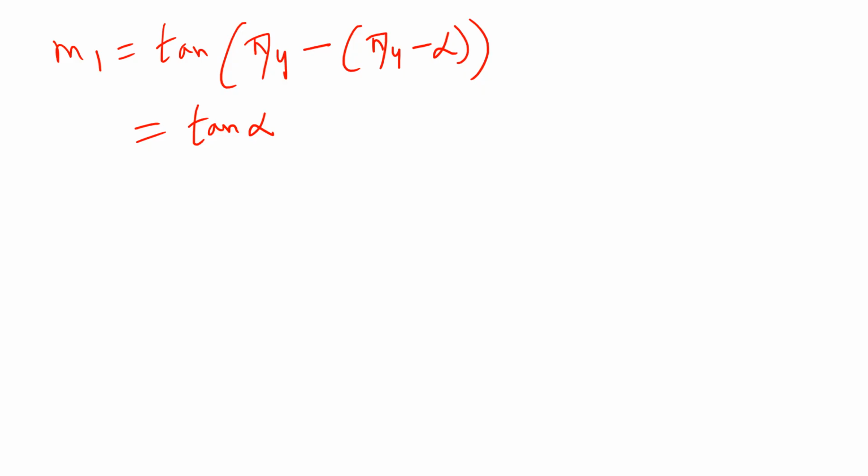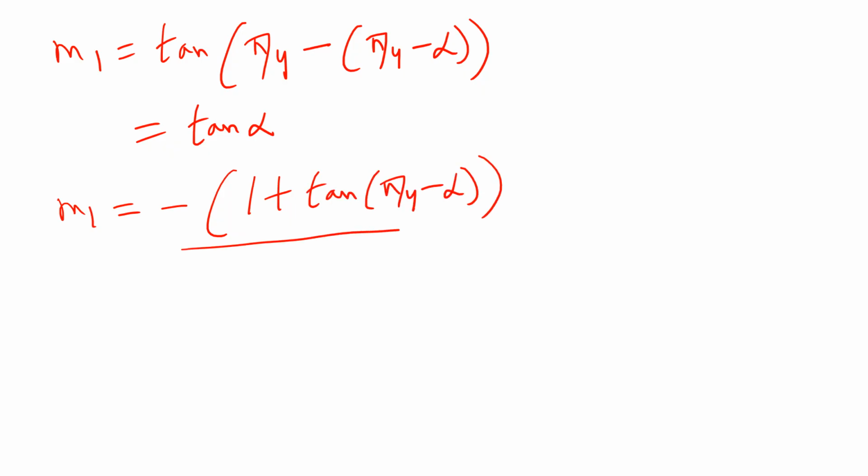And now if I consider the second case for that equation, that means on the right hand side, if I take minus 1, then the value of M1 becomes -(1 + tan(pi/4 - alpha))/(1 - tan(pi/4 - alpha)).